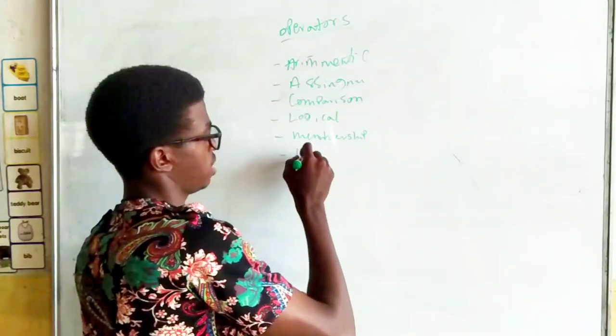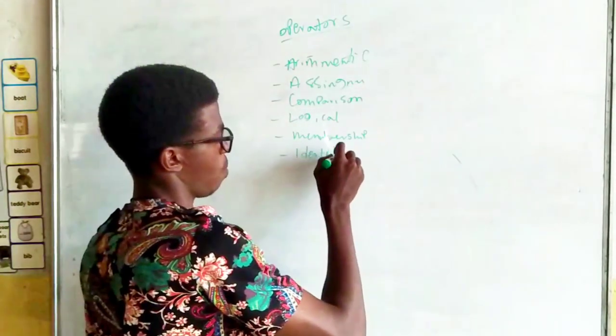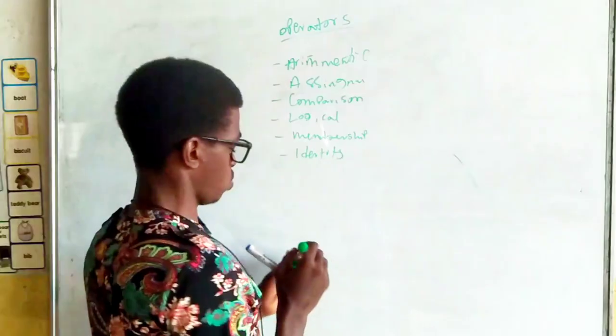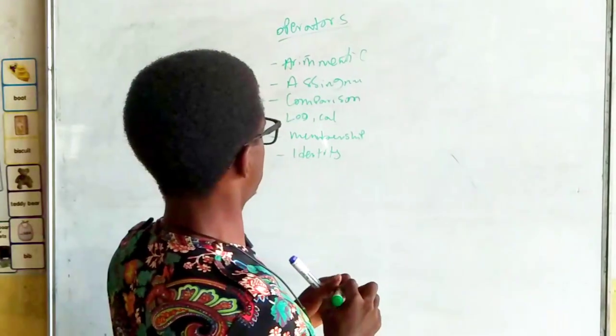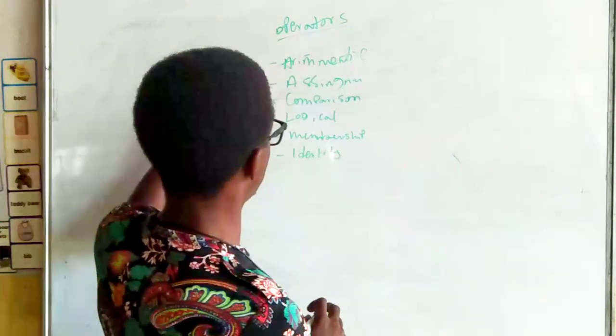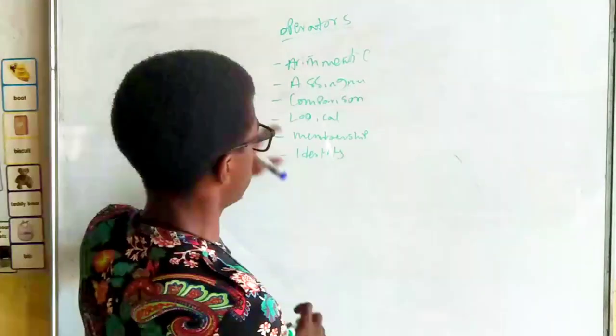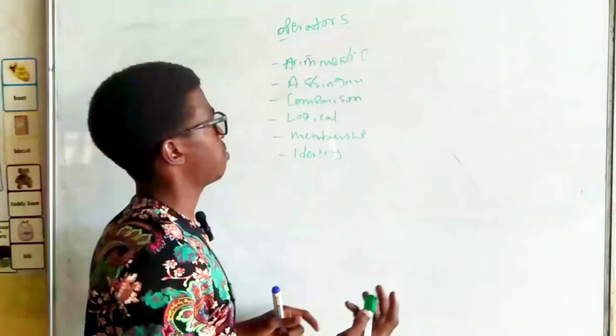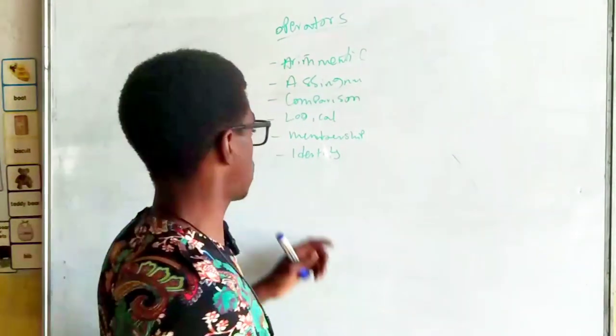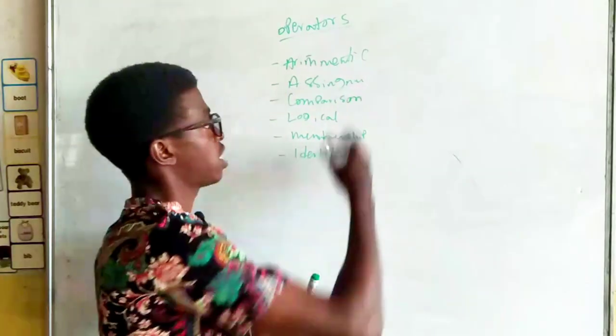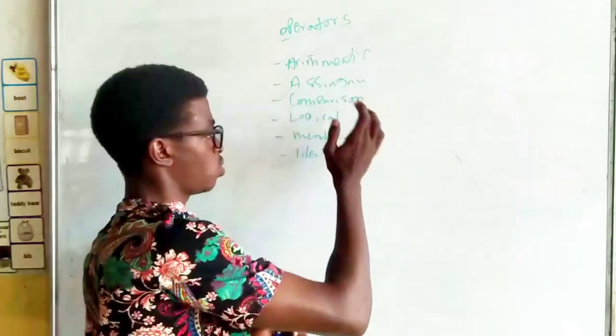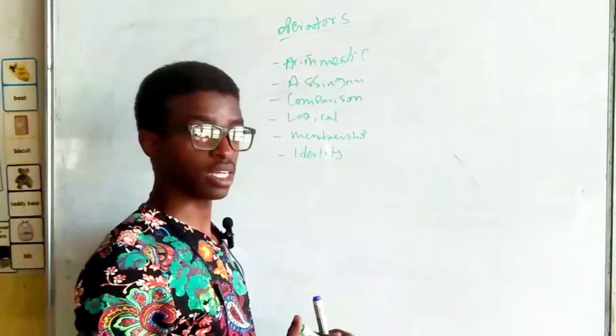And then we have identity operator. So I think how many? 6. Maybe if I remember the order, I can tell you, but right now this is what comes to my head: arithmetic, assignment, comparison, logical, membership operator, then identity.